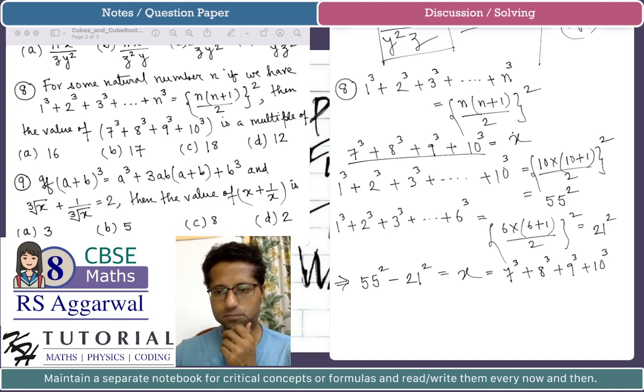Now for 55 square minus 21 square, we know the formula a square minus b square is equal to a minus b multiplied by a plus b.